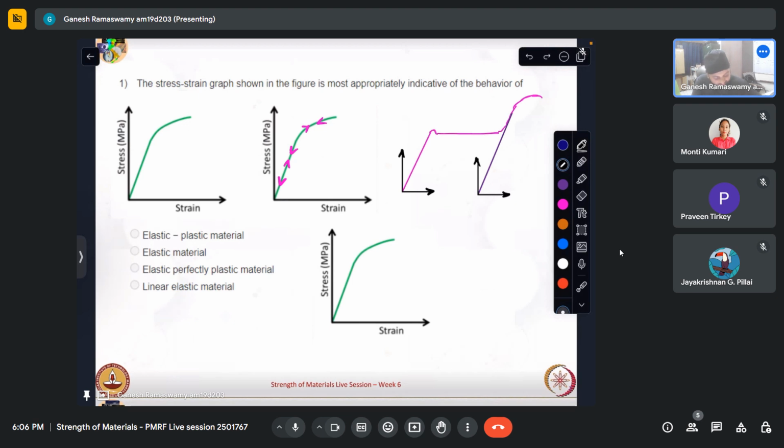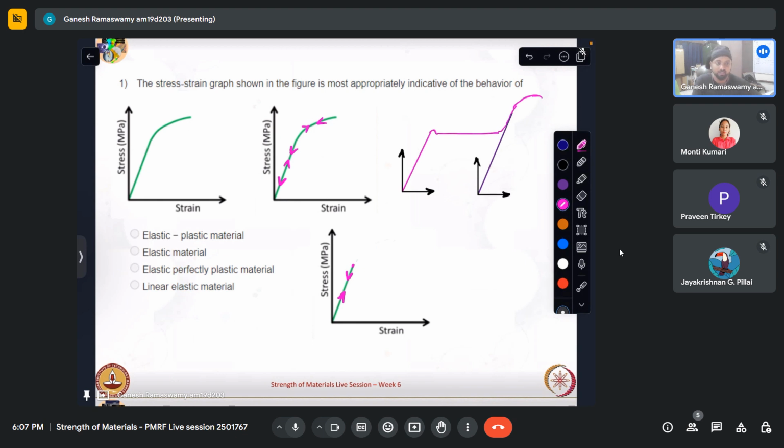Now linear elastic, if we are confining our attention to just this zone, if we just load it here, just enough to have it go that way and then come that way. If we are operating within the zone, then this happens to be the linear elastic zone. Although it is not exactly correct to call that a linear elastic material, initially it is linearly elastic. So it would also depend on the process, what we are saying, because we see that all these states are attainable for the same material.